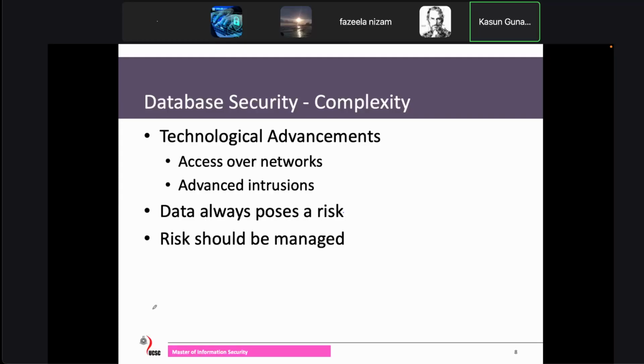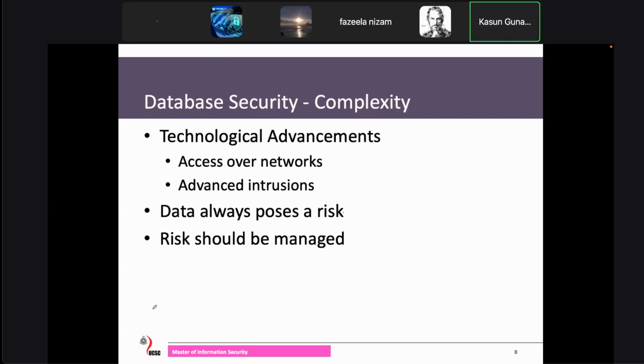So the complexity in the modern context, why is it complex? Because of technological advancement mainly. It's not that simple a database. Now we have very complicated, complex data access environments that have been established.